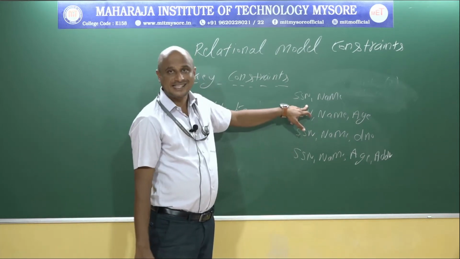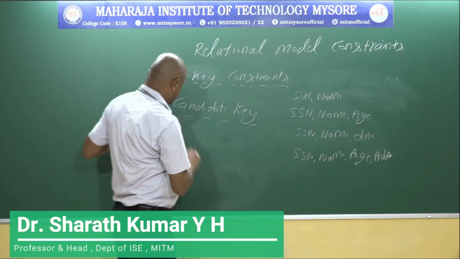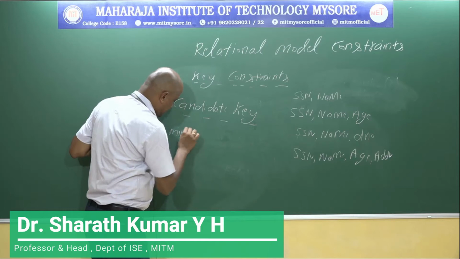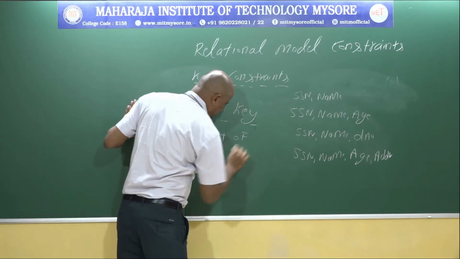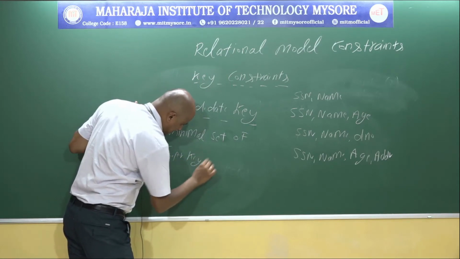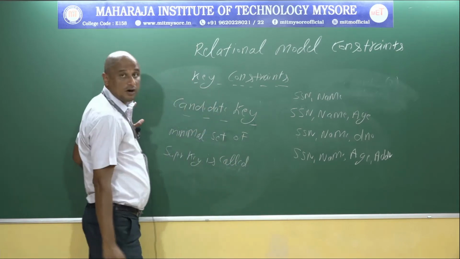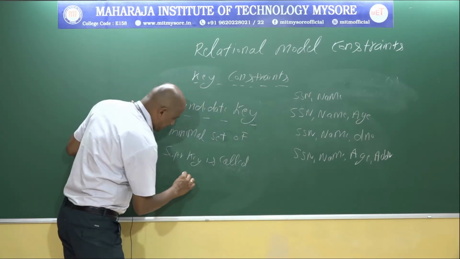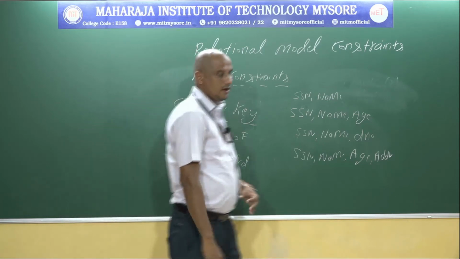So the minimal set is SSN, name. A minimal set of a super key is called a candidate key.